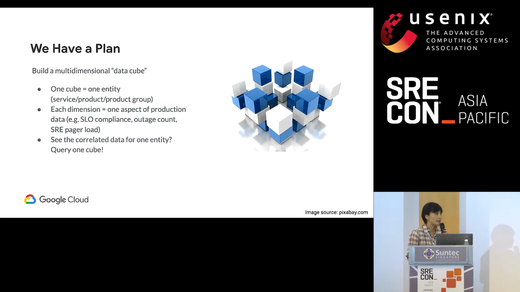For example, SLO compliance, outage count, or SRE pager load. Then, when we want to understand the big picture of a unified view of the reliability metrics, we can just query the data cube.